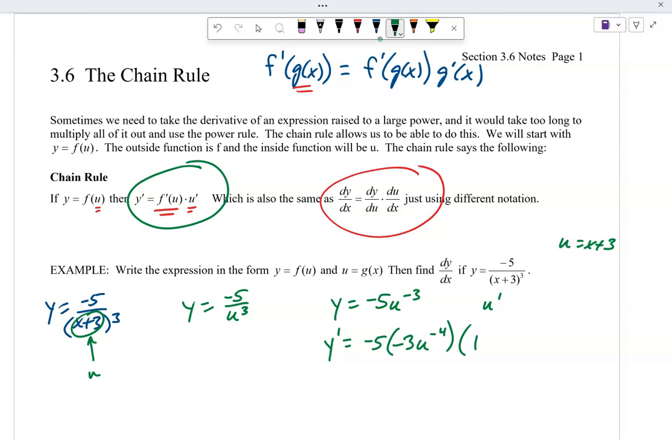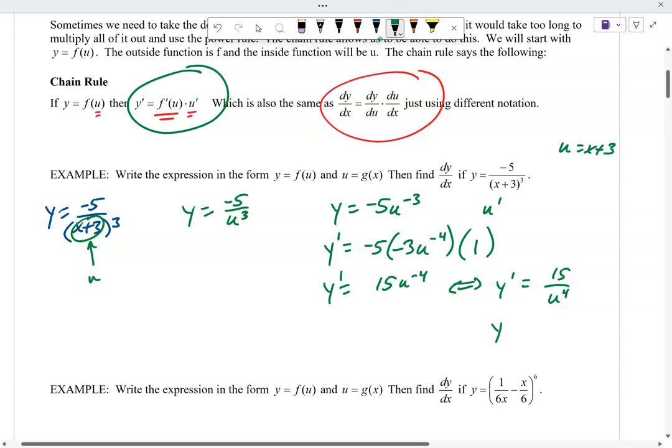Well, du dx is just 1. So this ends up being y prime equals 15 u to the -4, so y prime equals 15 over u to the 4th. But we've got to make sure we put u back in. What was u? U is that x plus 3.